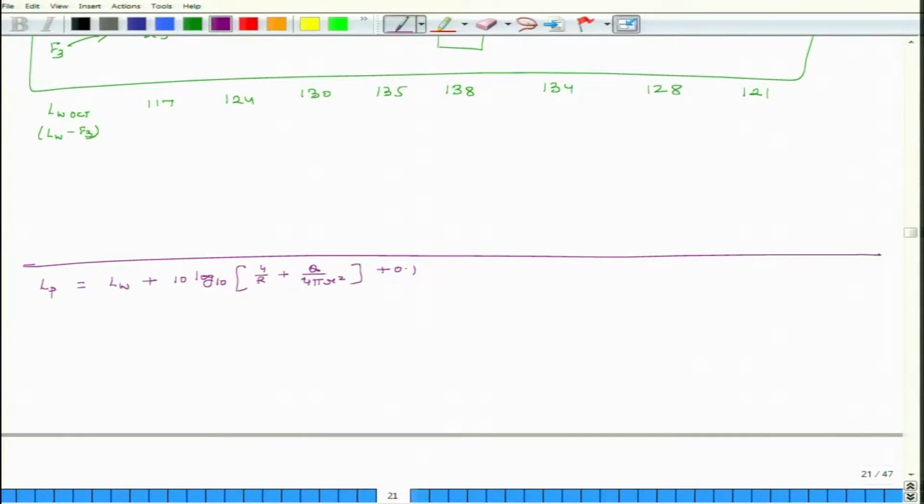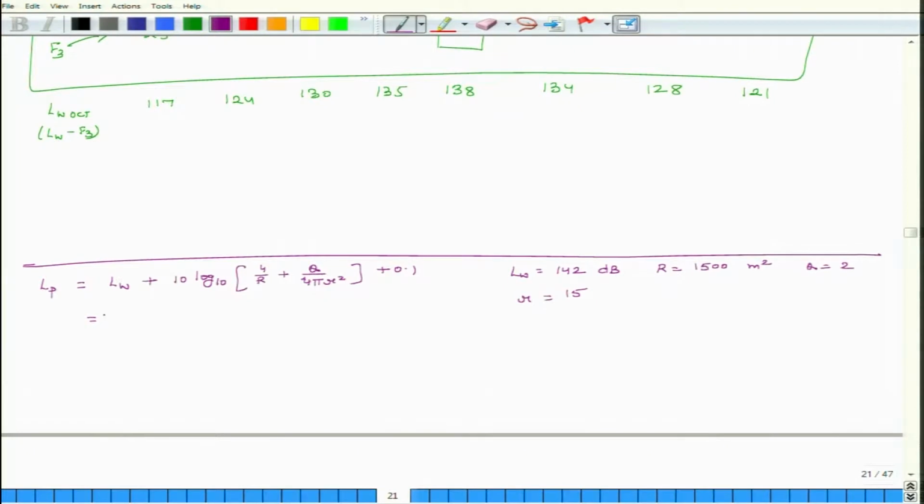Now, we know that LW is 142 decibels, we have calculated it. What is the value of R? 1500 meters square. What is the value of Q? 2. And what is the distance? 15 meters. So, you put in all these things, everything is known on the right hand side.